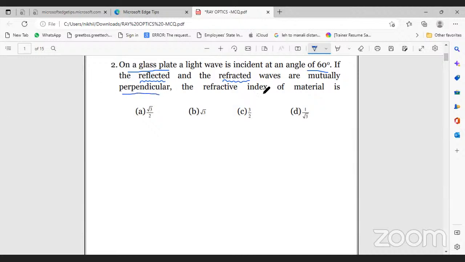They are expecting us to find the refractive index N. Let me draw the diagram. Let me say this is the interface. This is air medium, and this is the given medium, which is glass. You have to find the refractive index of this glass medium. What is the refractive index of air, my dear?